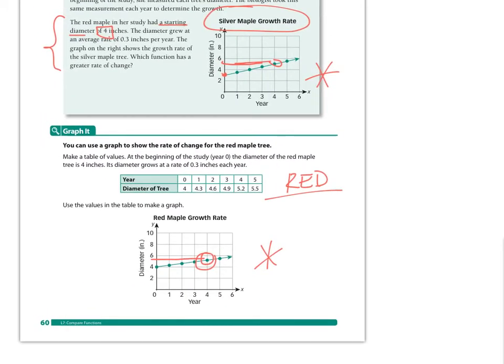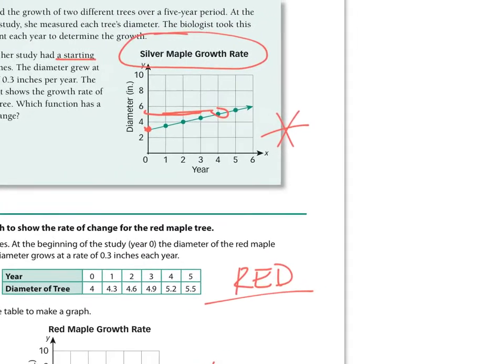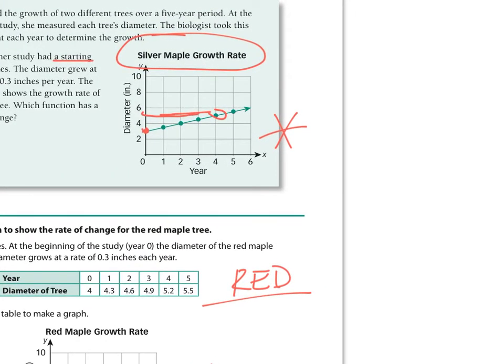So here's what I would do, guys. Let's look at the silver maple tree first, and let's figure out slope for this one. So pick some ordered pairs that we like. Okay, I like this ordered pair right here. Right, this is 0, 3. I like this one. That's the ordered pair 2, 4. Okay. Now I'm good to go.